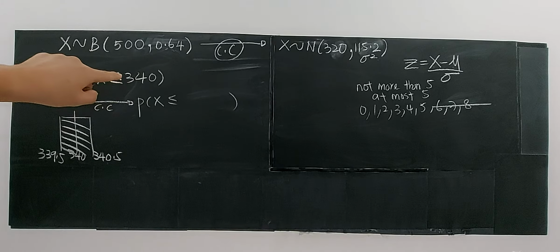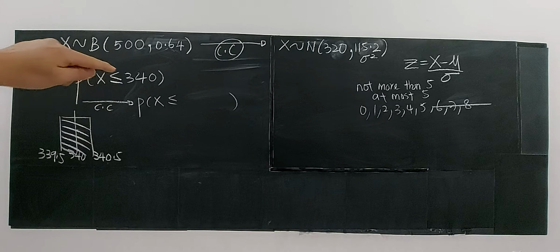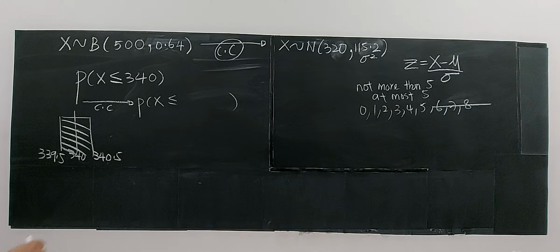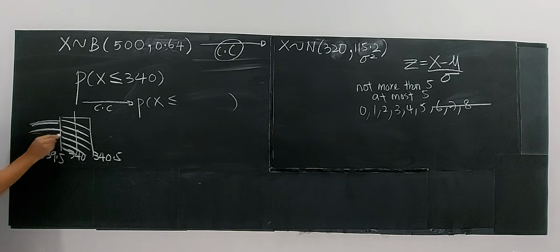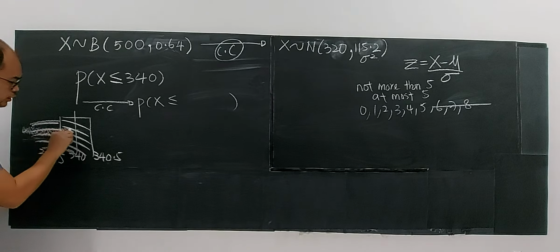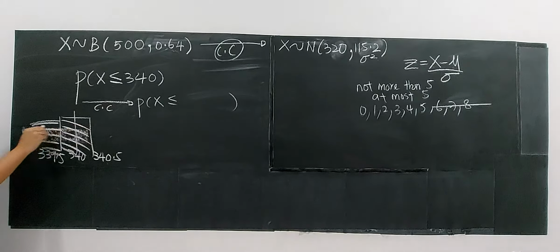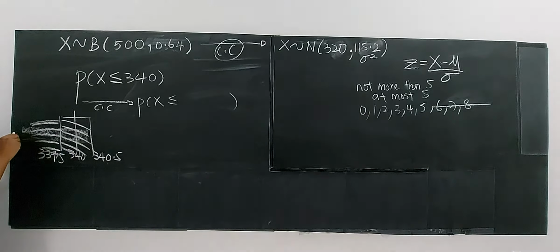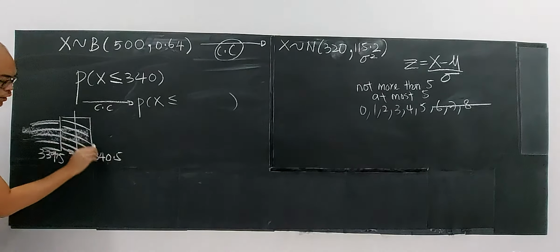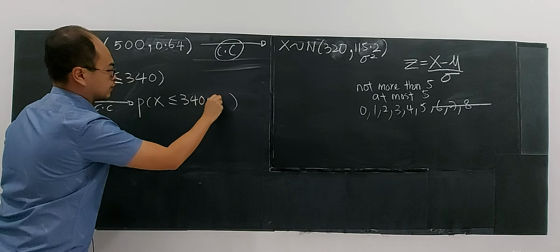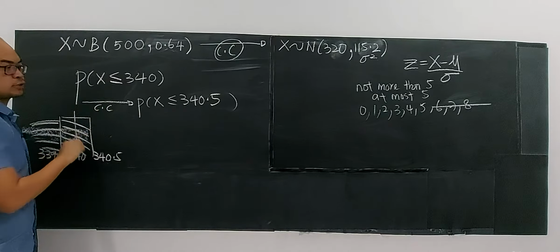Less than means on the left side. So start from the left, go to here, is less than. From negative infinity up to 340.5. So here will be 340.5. This is the continuity correction.